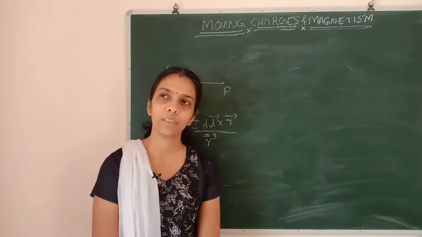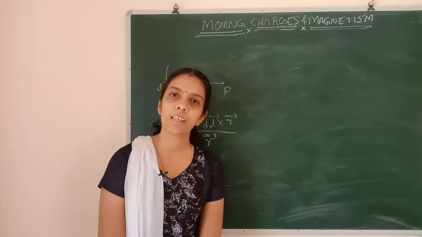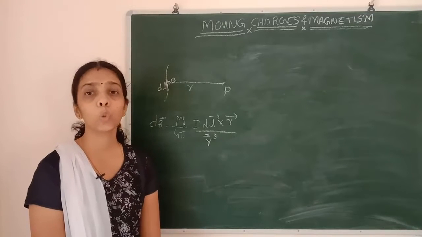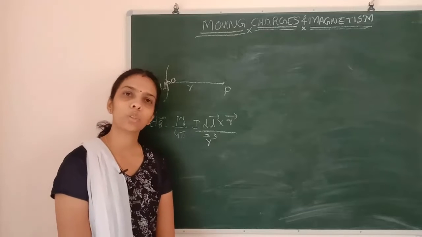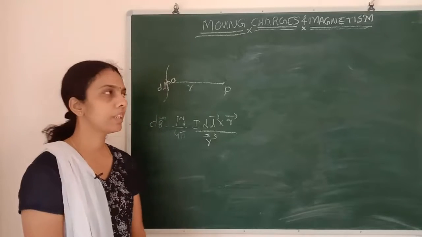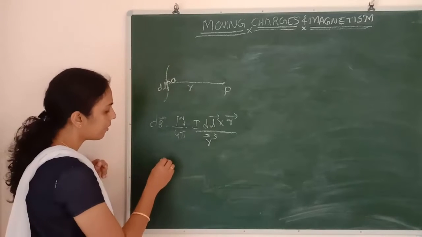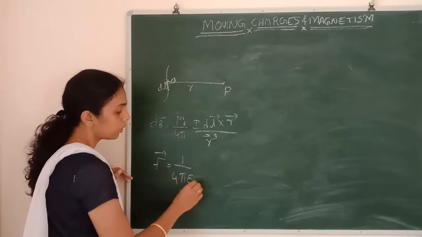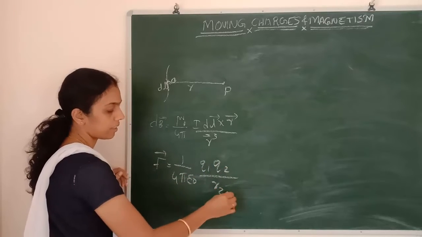How do we determine the electrostatic force? The electrostatic force is 1 by 4 pi epsilon 0 Q1 Q2 by R square, which is what we applied in Coulomb's law.